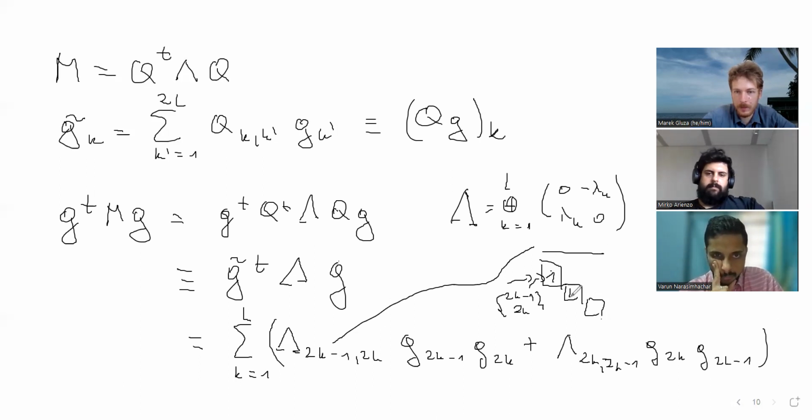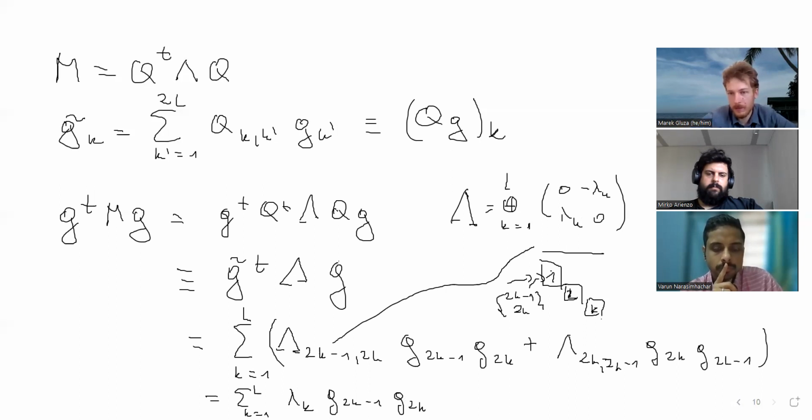So that's the first block, this is the second block, this is the kth block. So k here is selecting the block, and inside of the block I have the off diagonals. So I'm selecting the off diagonals inside of those blocks. This is actually useful to do more slowly, because this is appearing all the time. So now I can write lambda k, g2k minus 1, g2k.